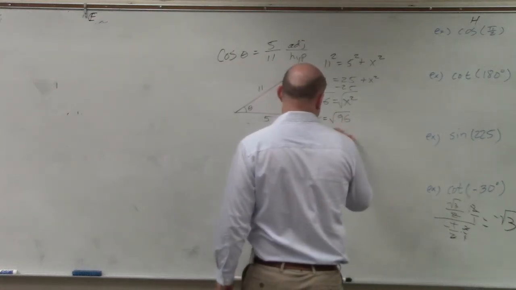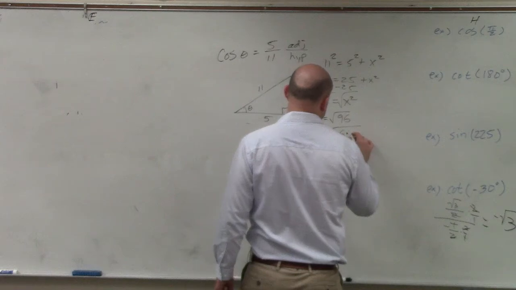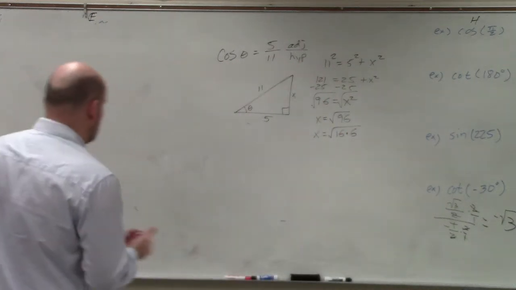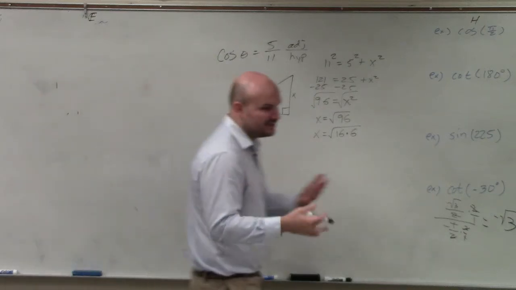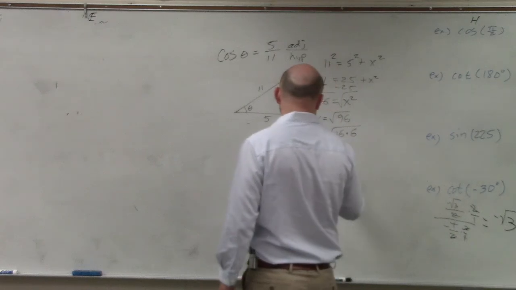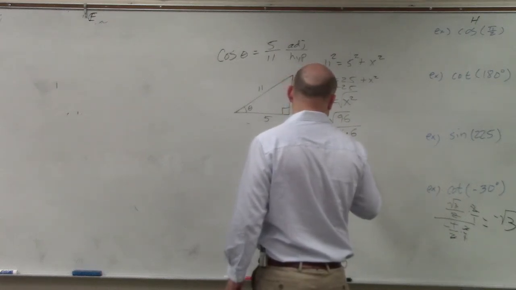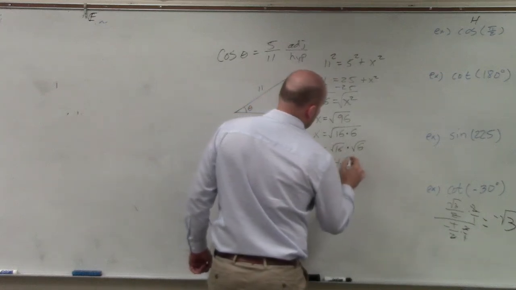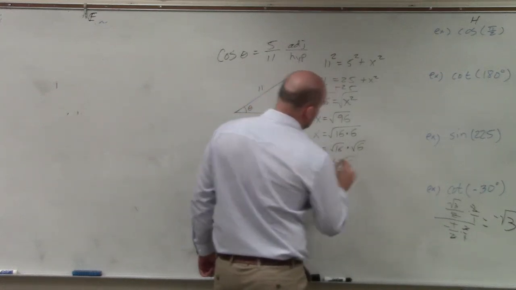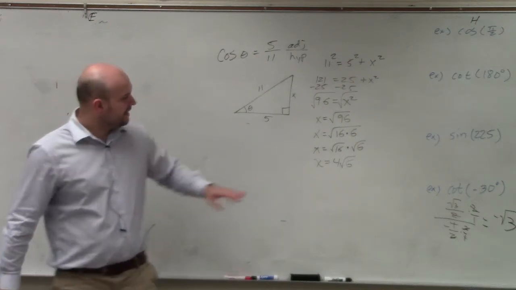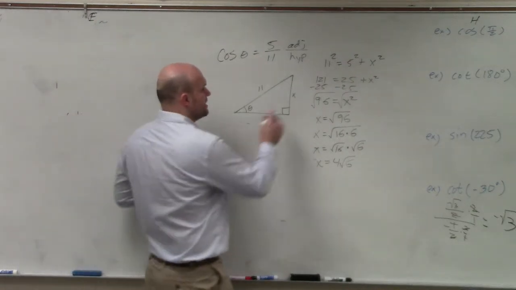So x equals the square root of 16 times 6. You could use factorization, stuff we talked about, to get 4 radical 6. Or you can just take the square root of each of these separately. Again, if you're a little bit weak on this from Algebra 1 and Algebra 2, we'll be doing some more practice on these today. So therefore, my height is 4 radical 6.